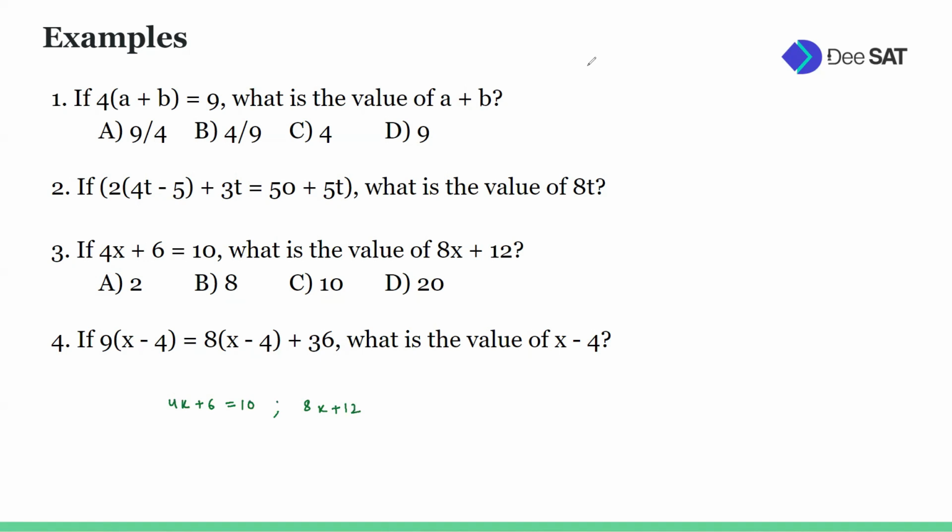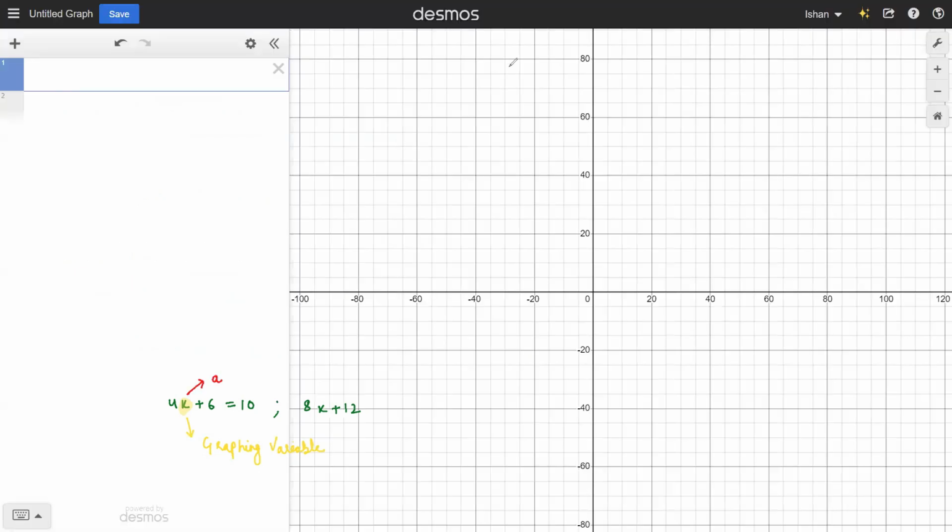Now, in this case, the variables are graphing variables. So if I need to use the regression, I need to change this x to something else. For example, I normally use x as a. You can go either way, and we'll use both the methods.